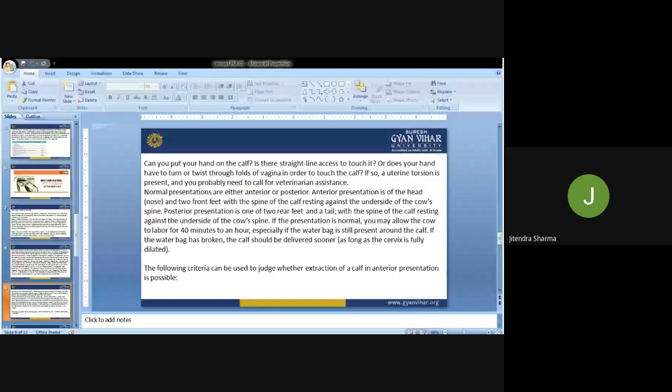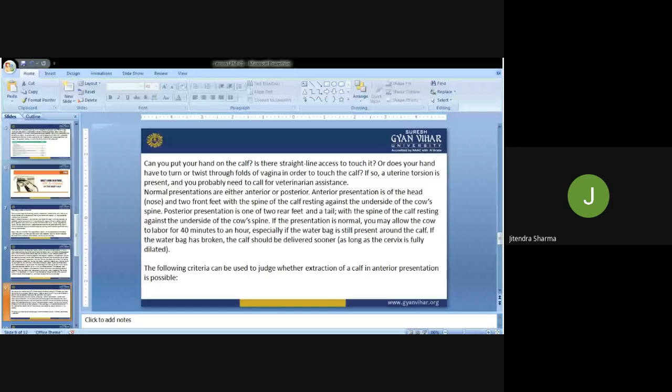Because if the turning of the fetus has taken place, the experienced veterinarian is required with the manual instructions, and sometimes they are able to bring out the fetus as it is. Otherwise, if the torsion has taken place, then they don't have any options.